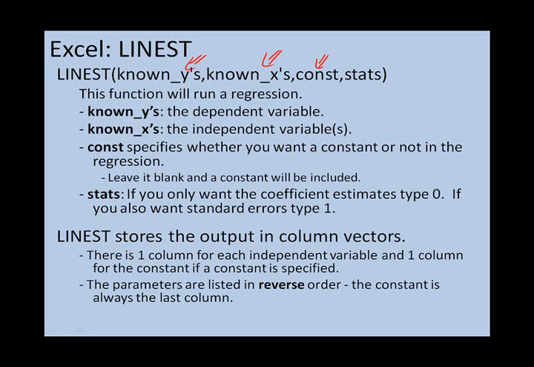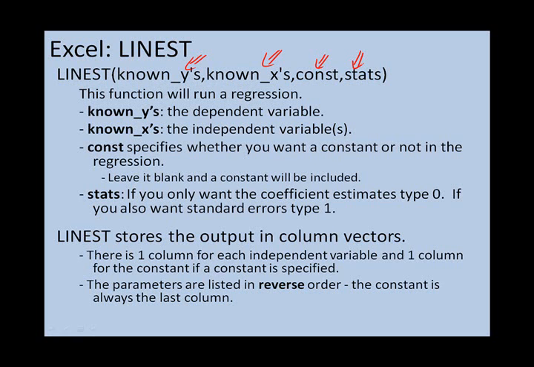If you leave it blank, a constant will automatically be included. You then have to specify whether you would like statistics associated with the estimate. If you only want the coefficient estimate, you type 0, but if you also want the standard errors, you must type 1. This is a quick way to run a regression.